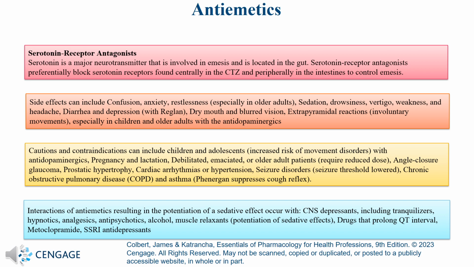You can see the side effects that are there. There's quite a few of them. Look at the cautions and contraindications, which can include your children and adolescents. So a lot. I mean, it affects even your older adults. And then look at your interactions with the different medications.